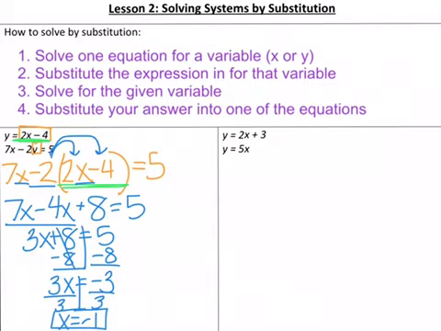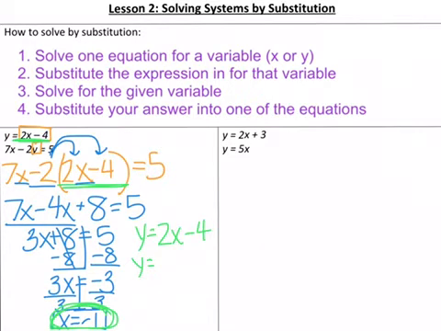So what I'm going to do is I'm going to plug in x equals negative 1. I'm going to substitute it in to one of the equations on the top. Okay, I'm actually going to plug into the first equation. So I'm going to rewrite the first equation so you guys can see it a little clearer. Y equals 2x minus 4. And I'm going to substitute in my answer from x. I have that it's equal to negative 1.